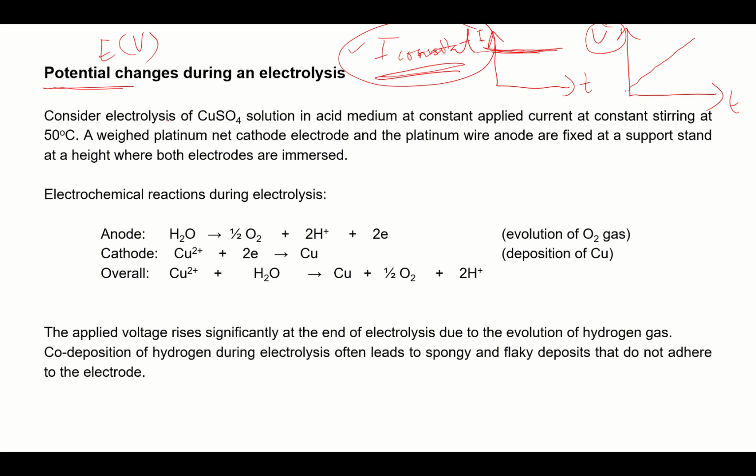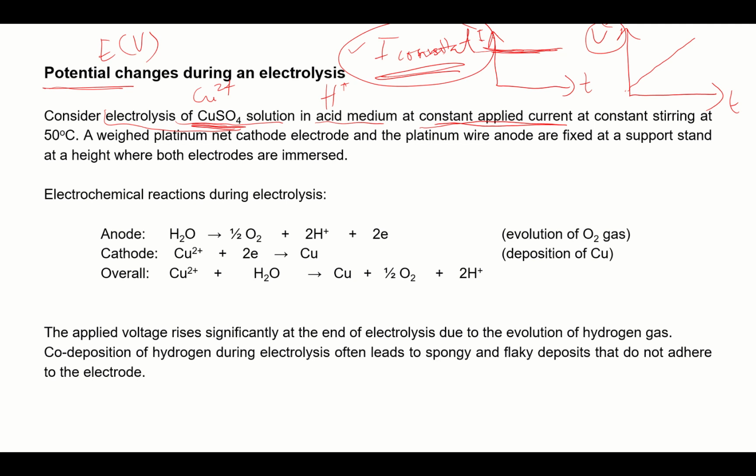Consider electrolysis of Cu2+ in acid medium at constant applied current, with constant stirring at 50 degrees Celsius. What you are trying to do is electrolysis of this element, Cu2+, in acid medium, H+, using a constant current, I constant.